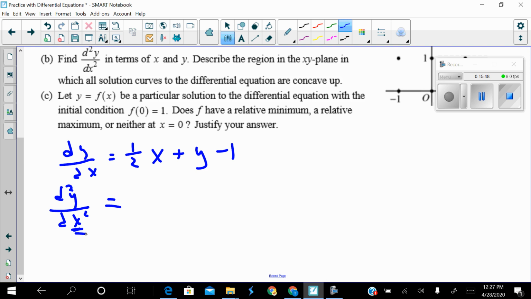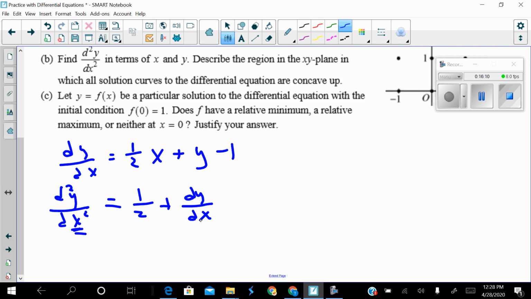So we'll take the derivative of 1/2 x. That's just 1/2. But now we get to the derivative of y. It's not just 1, it's 1 times dy dx. Remember, the derivative of y with respect to x is dy dx. And the derivative of minus 1 is 0.